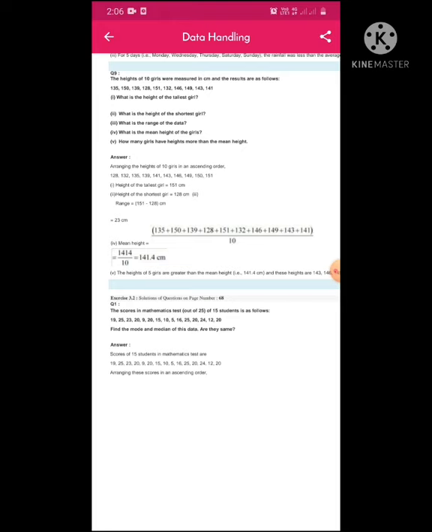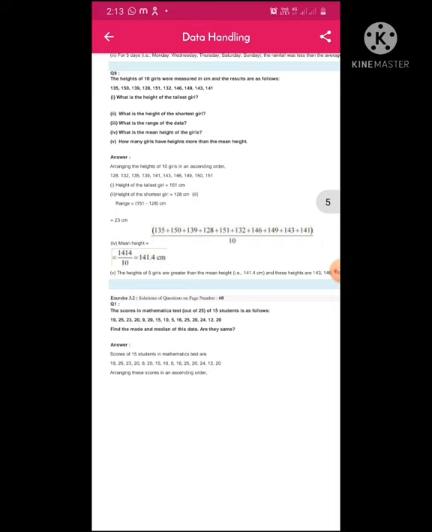The third one is the same. Now we are going to see the mean height, that will be the addition of all these observations divided by 10. So the total is 1414 divided by 10, which will be 141.4 centimeters. So the mean height will be 141.4 centimeters.